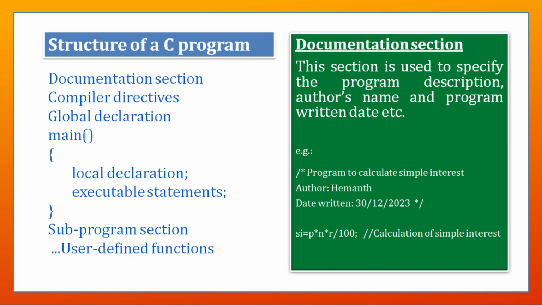We can specify comments in two different formats, that is multi-line comment or single line comment. The multi-line comment should be enclosed within slash star and star slash. As per ANSI C, comments can be written using double slash followed by the comment, which is a single line comment that can be used anywhere in the program.